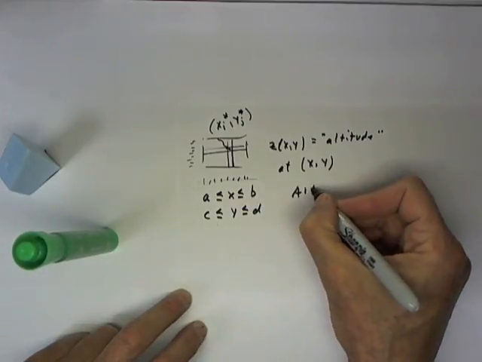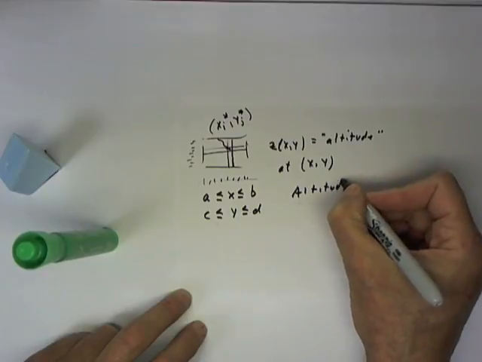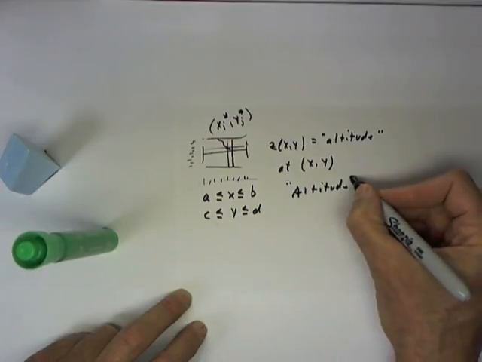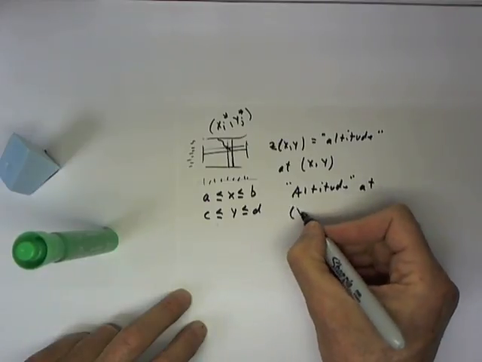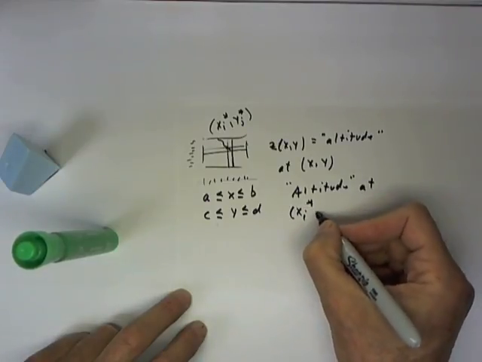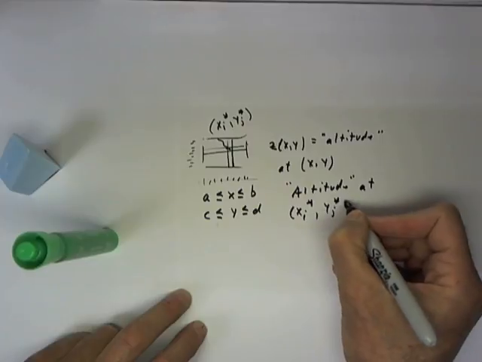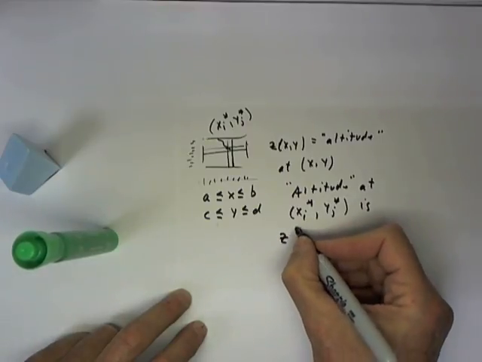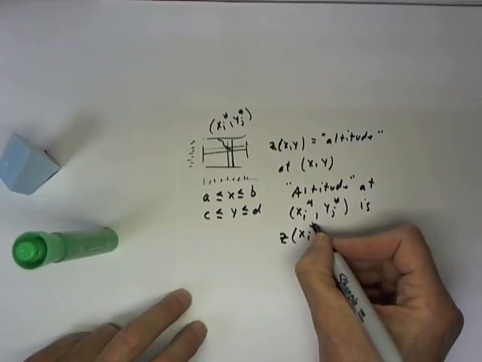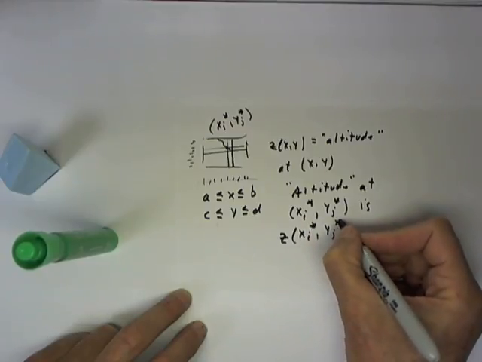Our altitude at xi star, yj star is our function z of xi star, yj star.